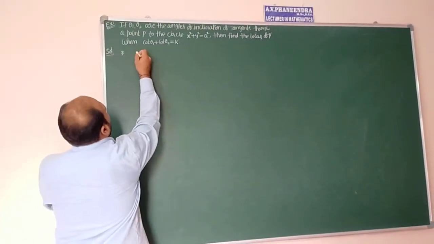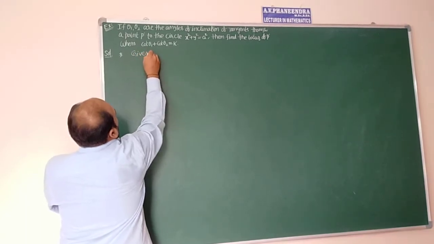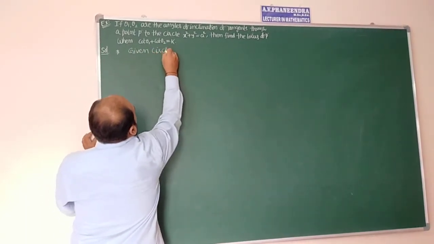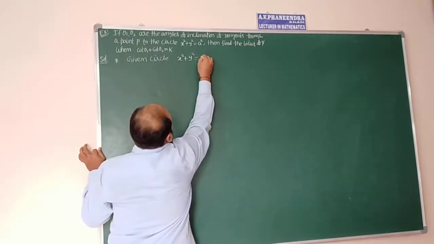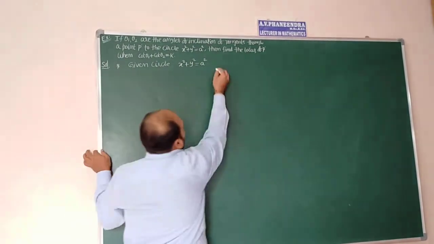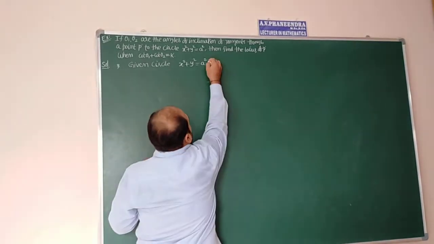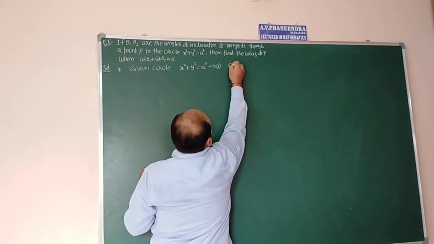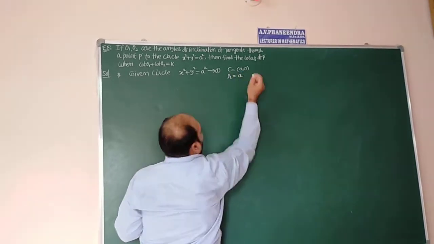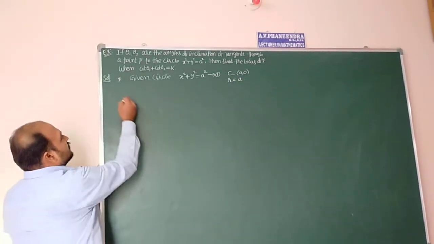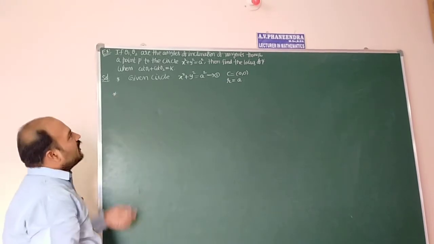First step, write the given circle equation: x square plus y square is equal to a square. Center is (0, 0) and radius r is equal to a. After that you have to write the tangent equation. Here they mentioned theta 1, theta 2.